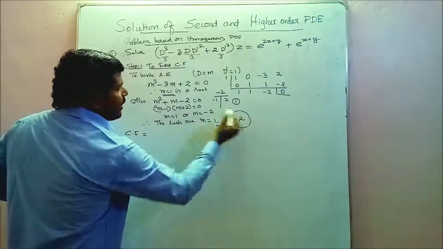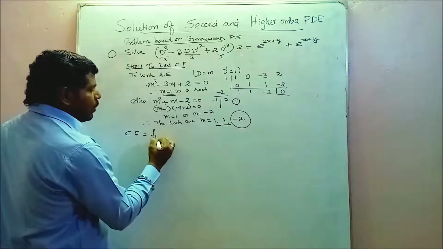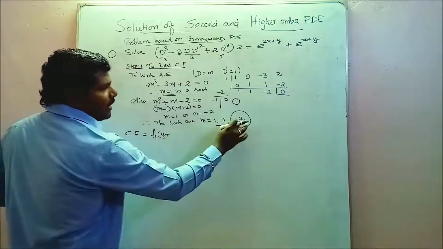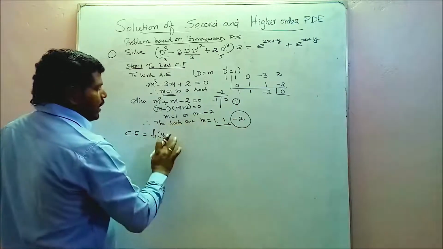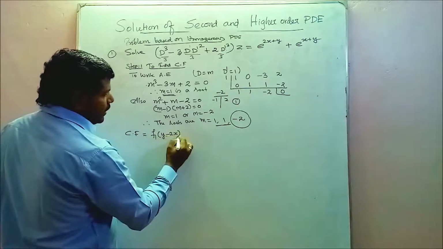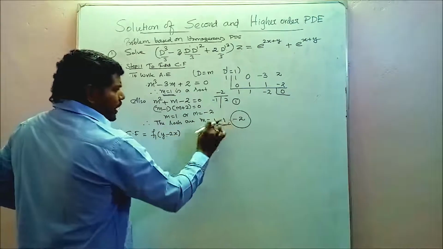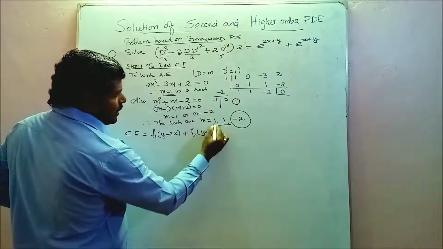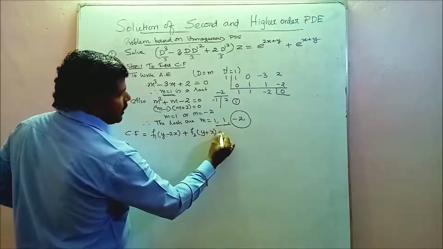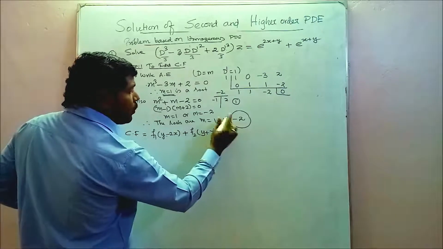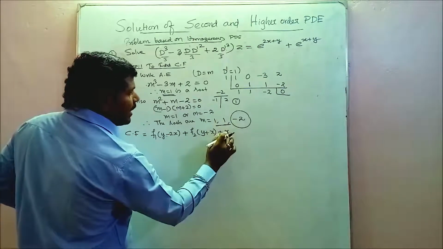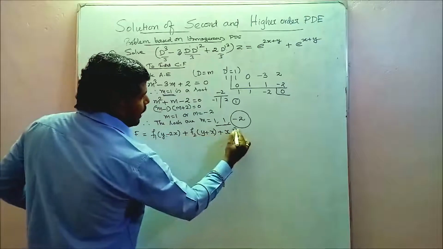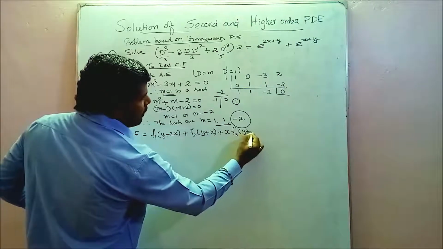First write for the different value: f1 of y plus minus 2x. Then we get two equal roots, so f2 of y plus 1x, and since one more root is equal, we put x into f3 of y plus x.